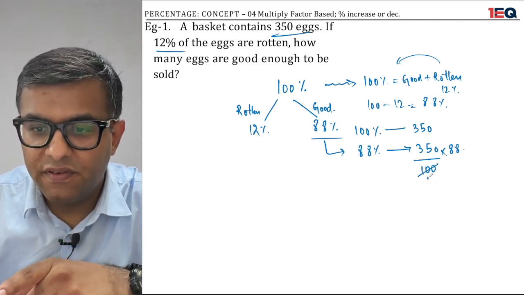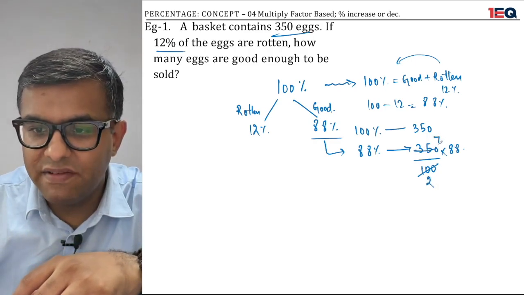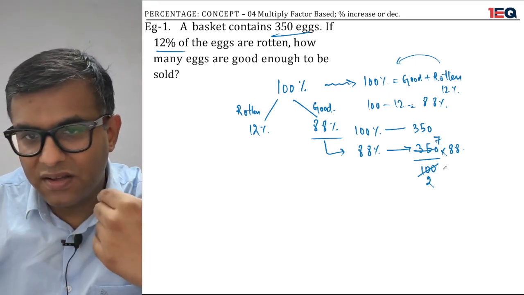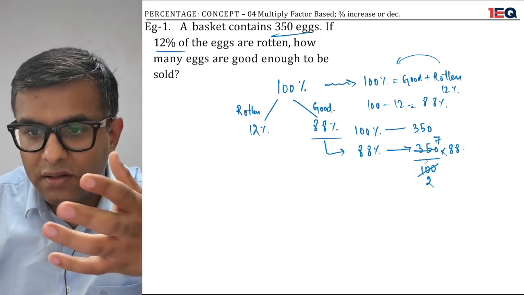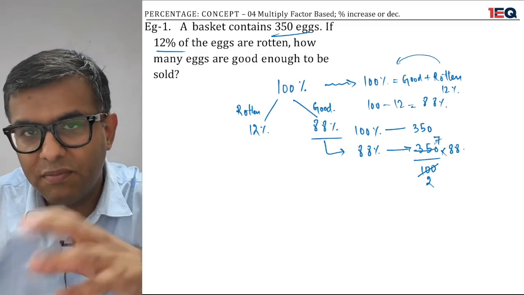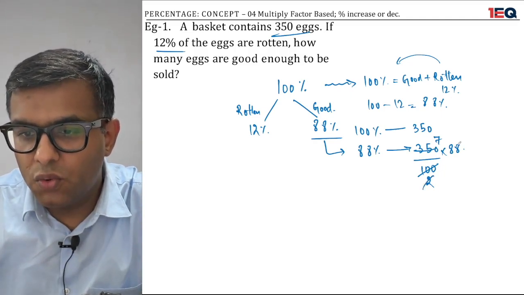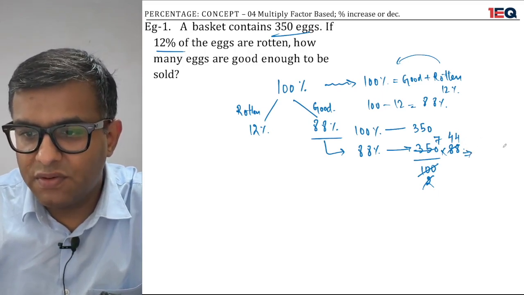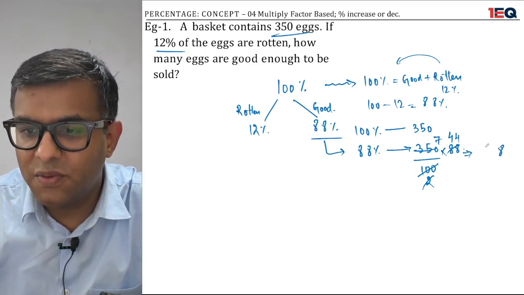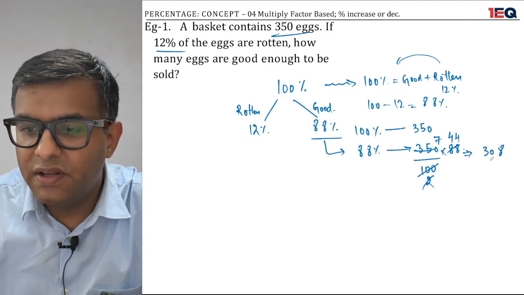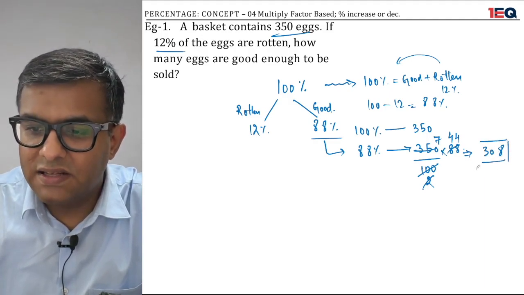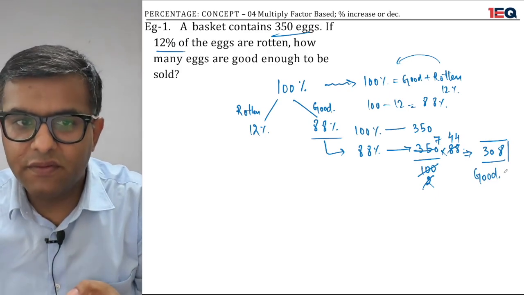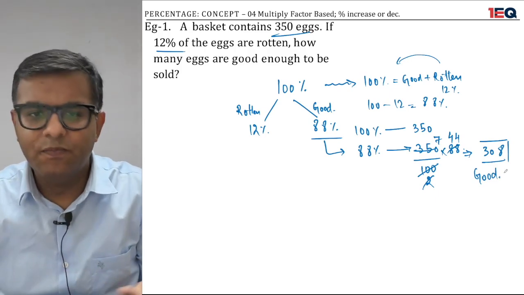So 52s are 100 and 57s are 350. We've very clearly eliminated the biggest of the big numbers here, and we've come down to a very easy solution. Now 2 fours are 8. 7 multiplied by 44: 7 fours are 28, another 2 goes up, 28 plus 2, 30. 308 are the eggs which are good enough to be sold.